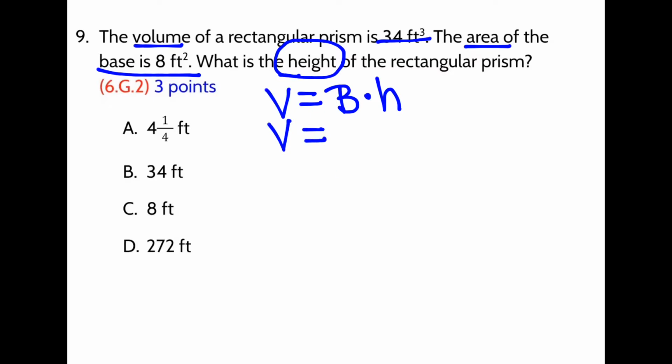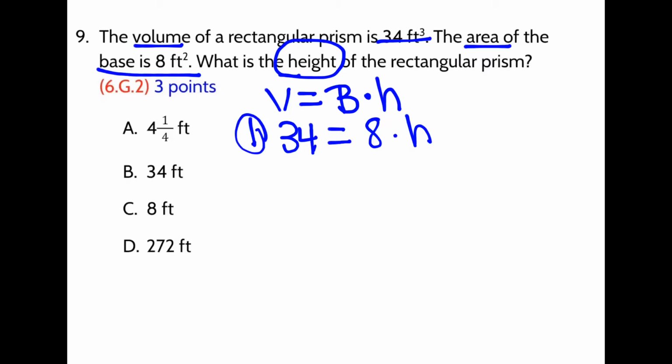So we know that our volume is 34, and that is going to equal our base, which is 8, times our height. So figuring that out right there is worth 1 point.